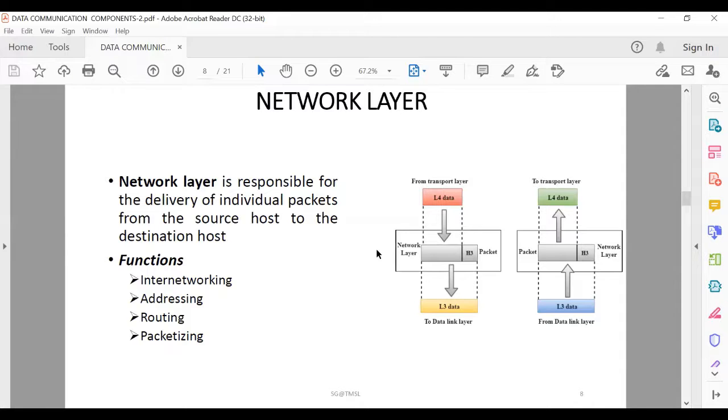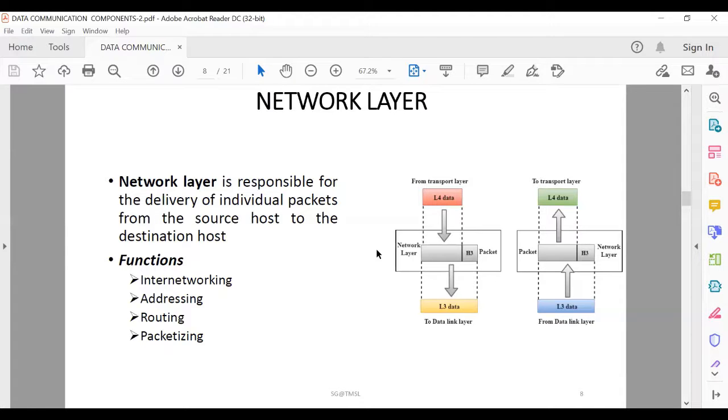So different functions are available, like internetworking. It is the main responsibility of the network layer, and it provides a logical connection between the different devices or between the different nodes. Next function is addressing. Now it adds the source and the destination address to the header of the frame.